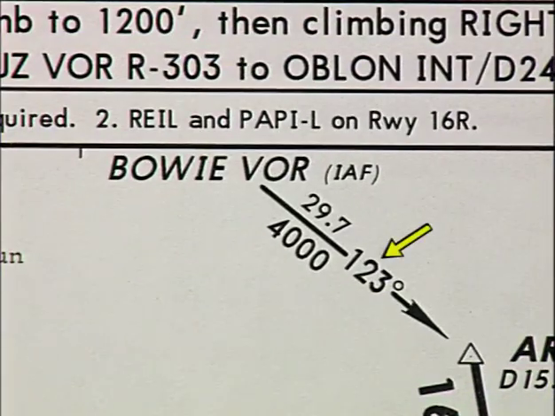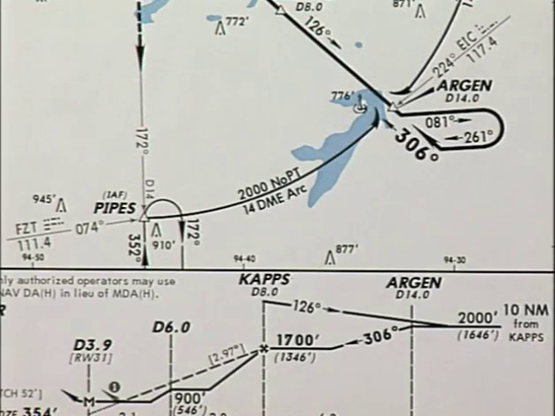The magnetic course is shown with the course line, and the nautical mile distance is printed next to the line. The route also has a minimum altitude, such as 4,000 feet.